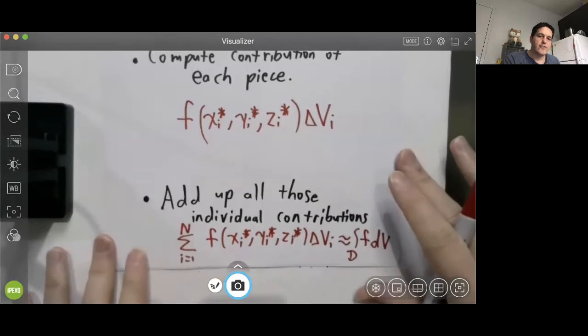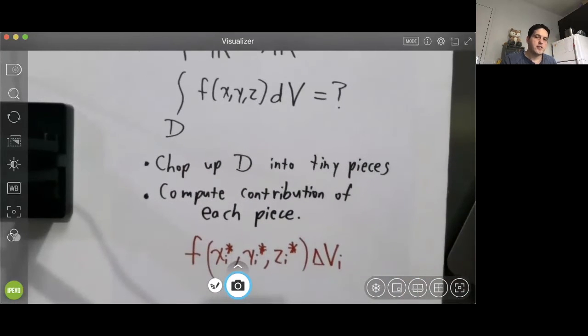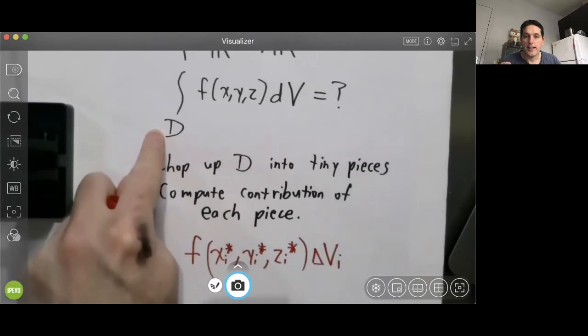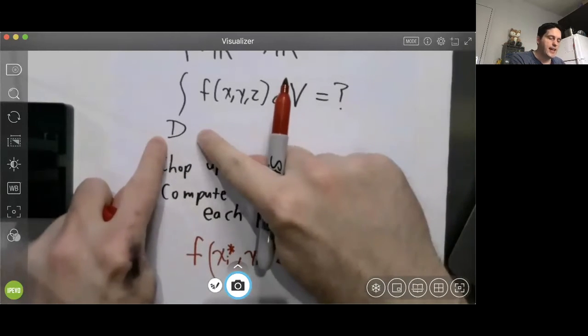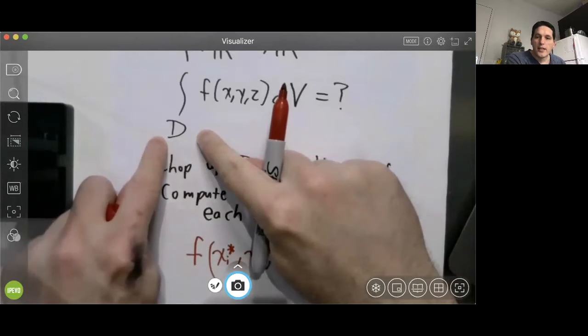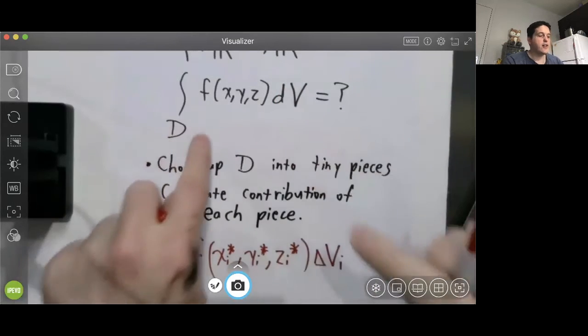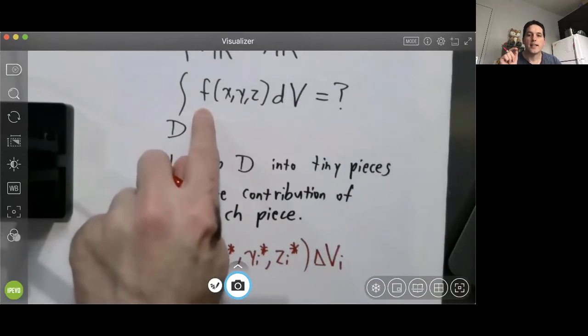Now let's give this a physical interpretation. Here's a physical interpretation that I often like to think about when I'm understanding conceptually the meaning of integrating over a region in three-dimensional space. The region D that we're integrating over, you could think of it as being a physical object. And this function f tells you the density at each point inside the object.